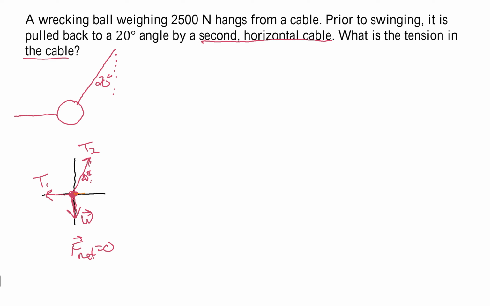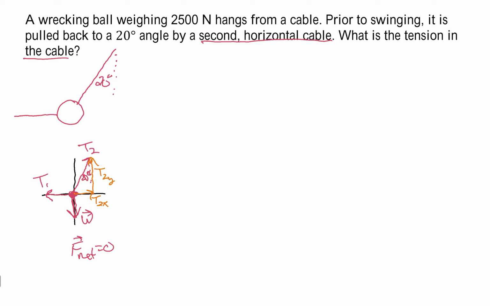So we're going to break T2 into an x component. I call that T2x. And we're going to break T2 into a y component. Now, on the free body diagram, it would make sense to draw T2y along the y-axis. But for us, geometrically, it's going to make more sense for us to draw T2y right there.